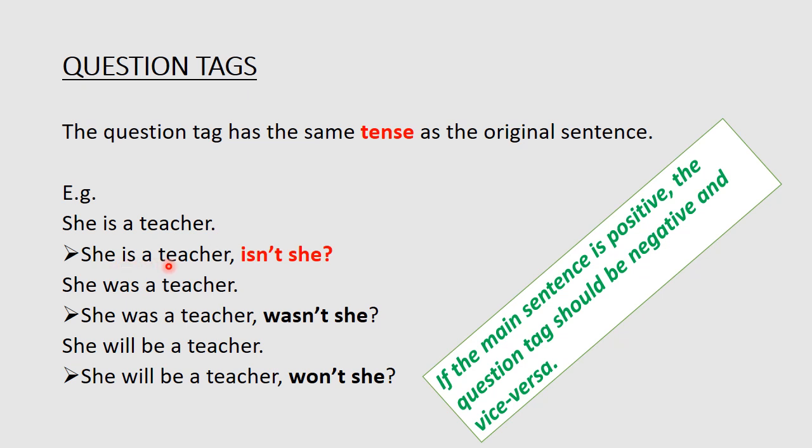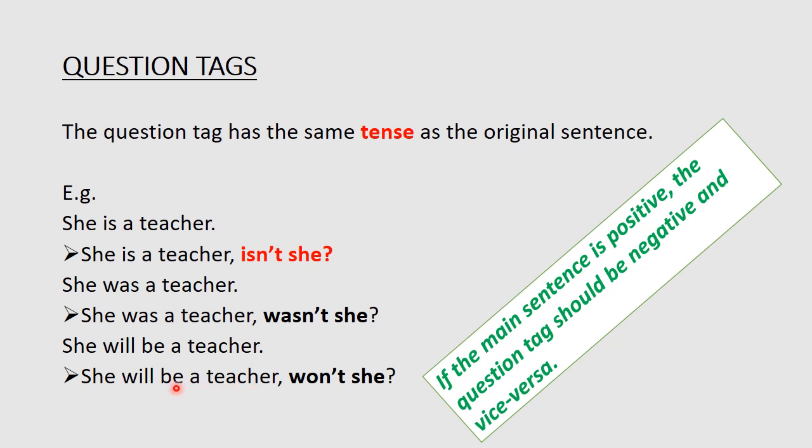She is a teacher. There's no word not here, so it's positive. Isn't she, is not she, so negative. So if this is positive, this should be negative. If this is negative, this should be positive. She was a teacher. There's no not here, so it's positive, so the question tag is going to be negative.